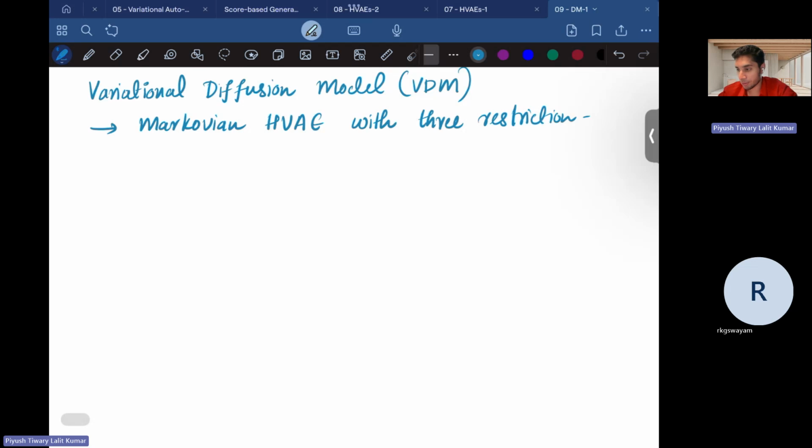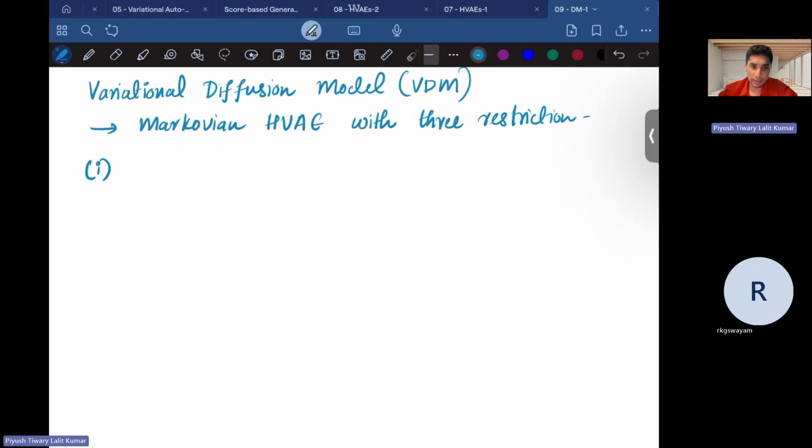But if you add three restrictions on top of these HVAEs, we land on the diffusion model, particularly the variational diffusion model, because all of these things are derived using techniques from variational inference and so forth. Right? So what are these three restrictions?